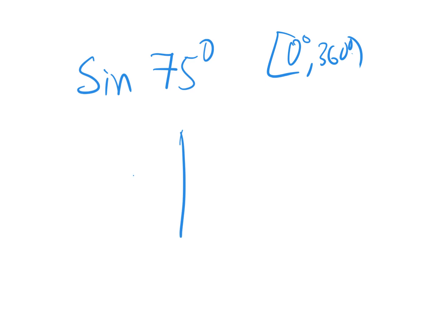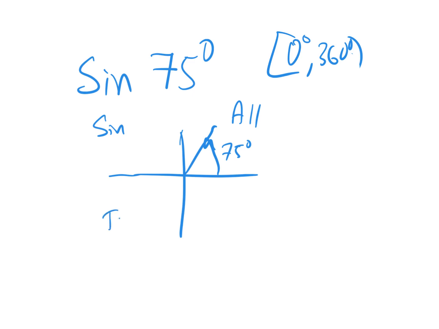So here's the way to do this without a lot of effort. I know 75 degrees is right there, and I know that reference angle is 75 degrees. I know that in quadrant 1, all trig ratios are positive. In quadrant 2, sine is positive. Down here, tangent.